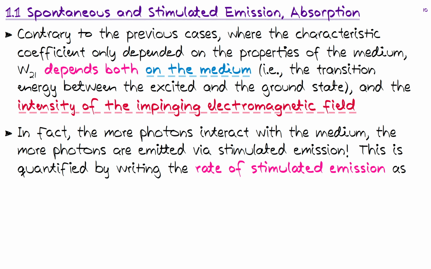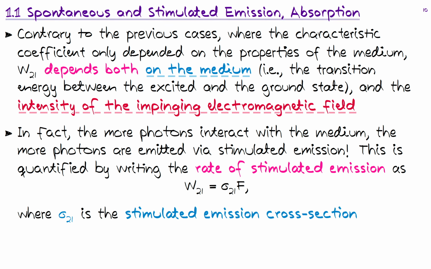This is quantified by writing the rate of stimulated emission W21 as sigma 21 times F, where sigma 21 is the stimulated emission cross-section, measured in units of square meters. That's basically how the medium affects this parameter.